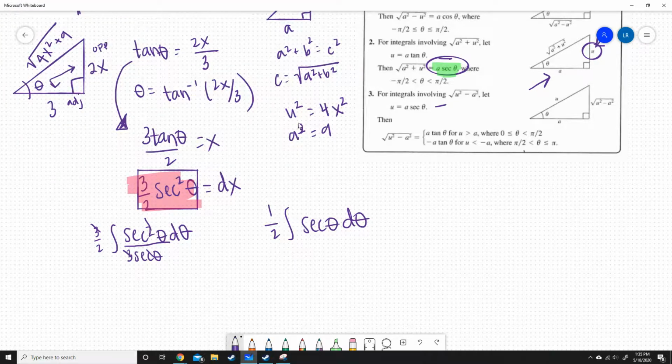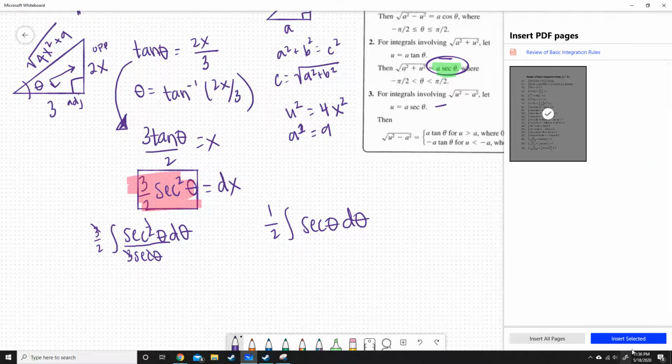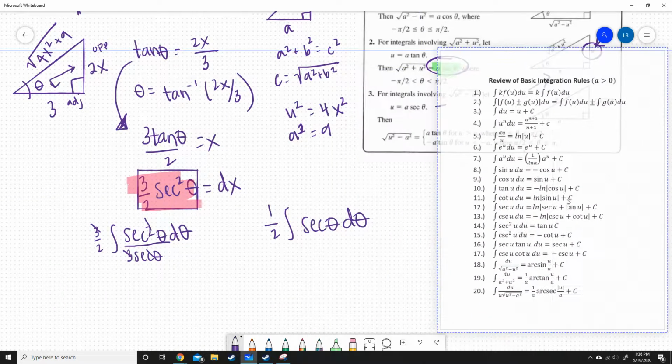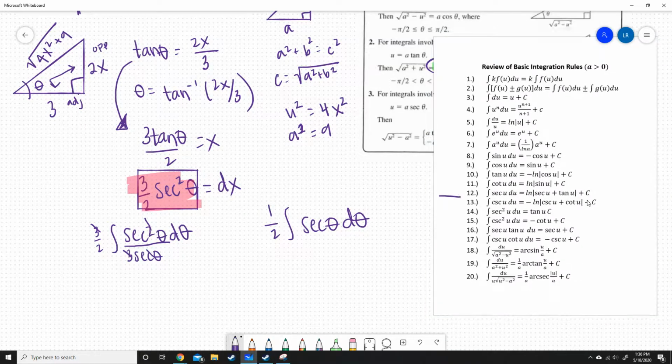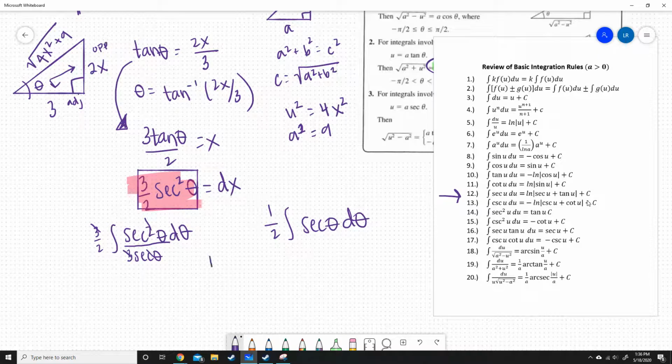There it is. We are looking for the integral of secant of theta, and it's number 12. So we have 1/2 times ln of secant of theta plus tangent of theta plus c.